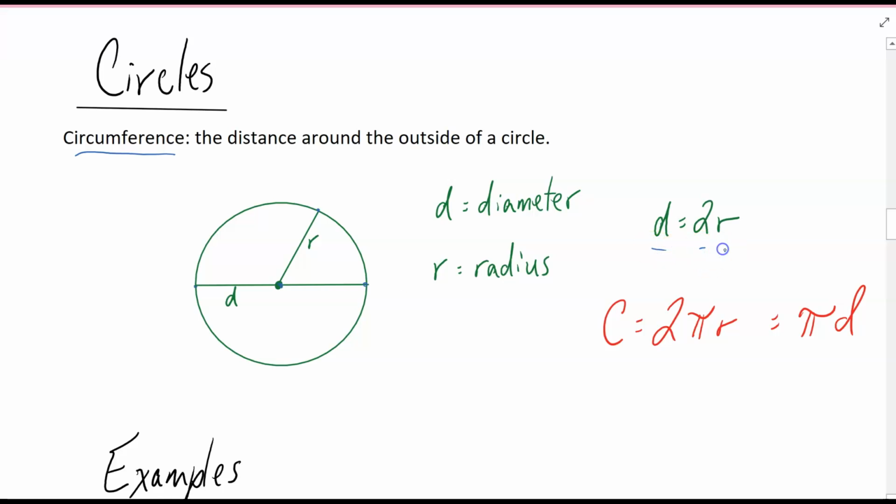Diameter is 2 times the radius. And so the circumference is 2 pi r, or pi times d. The area is pi r squared.